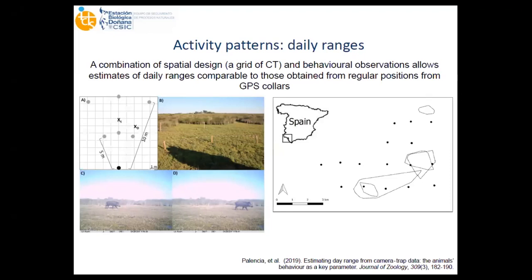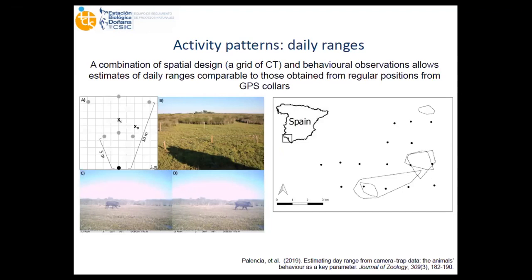Well, with camera traps, there has been recent work by people from IREC working with people from Doñana to develop methods to estimate these daily ranges without having to resort to the expensive method, which was collaring animals with GPS collars. And the main message of this work is that if you combine adequate spatial design with the behavioral observation you can derive from the image, then you can get this estimate.